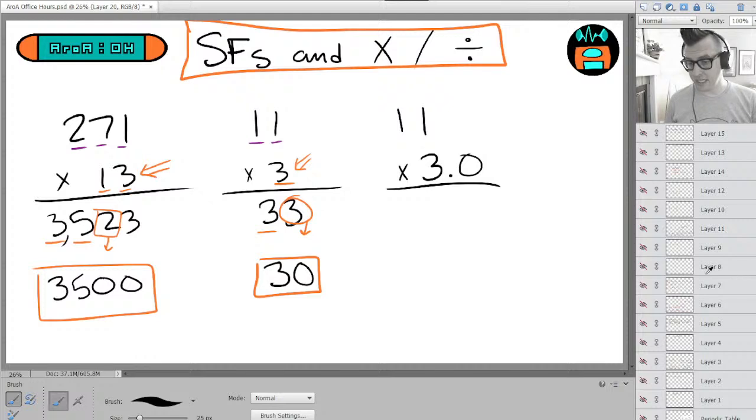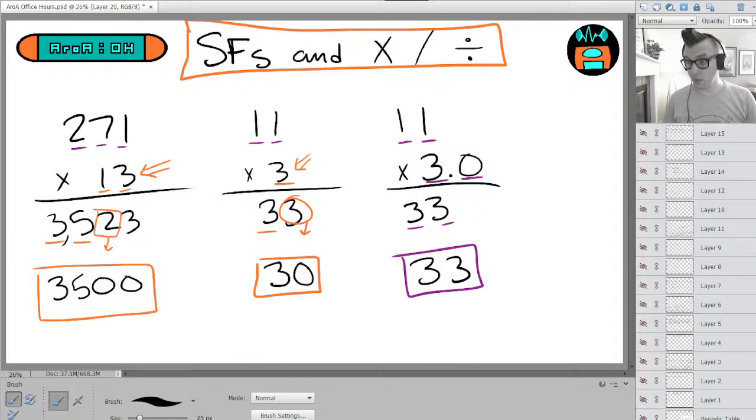Should you choose to do this, your mathematical intuition will be rewarded. Because 11 has 2 sig figs and 3.0 has 2 sig figs, which means that your answer is allowed to have 2 significant figures, and 11 times 3.0 does indeed equal 33.